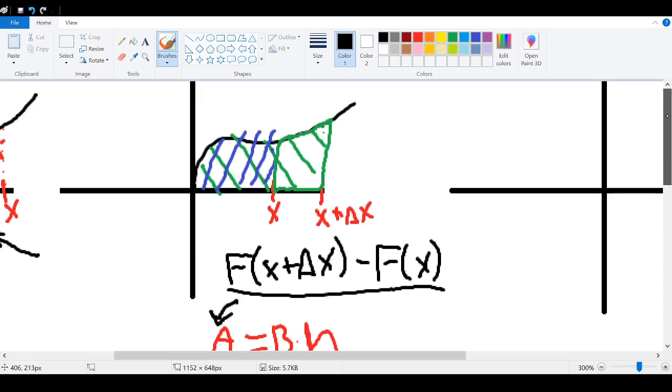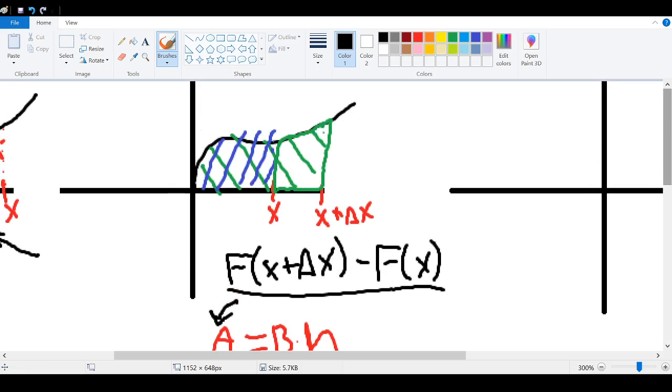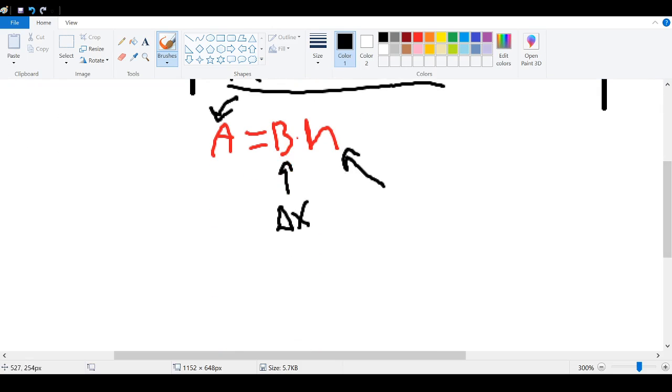Now the base would be the base of this rectangle, and that would be the distance between those 2 points, which is delta x. So delta x goes in for the base. And now the height is going to be this height here. And it's going to be this point here. And that's little f of x. So for h we can sub in little f of x.